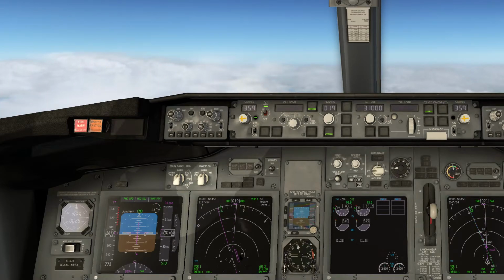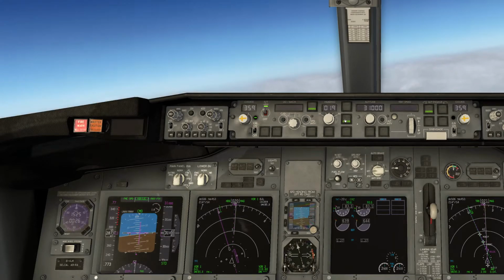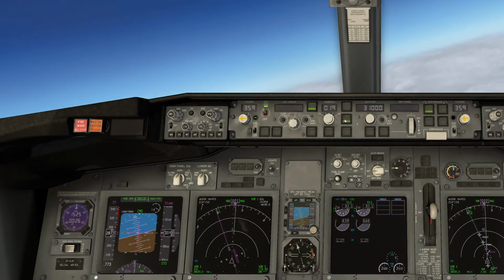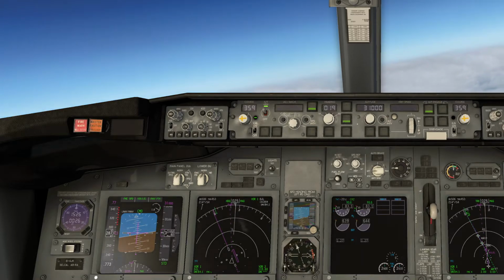3 mile, 1 dot deviation. Engage forelock. I will intercept immediately, that was not a point, but I suppose it's good enough. So it will use a 30 degrees intercept angle.